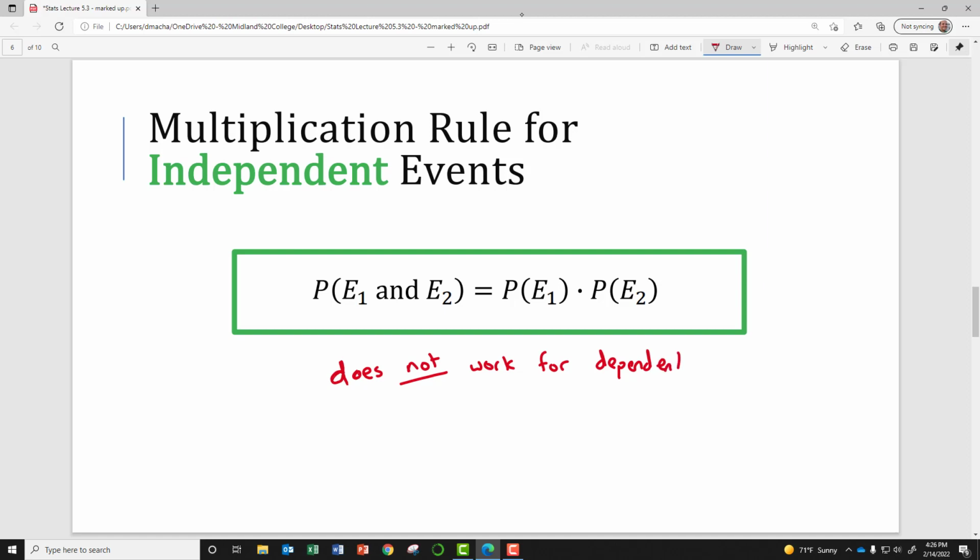So you have to be aware of whether or not one event is going to affect the probability of the other event. But what this is saying is the probability that you have success for both event number 1 and event number 2 is just equal to the probability of success for event number 1 times the probability of success for event number 2.